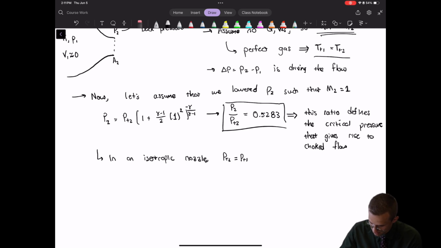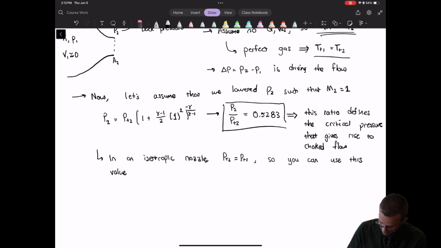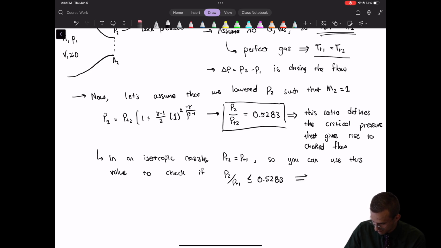So in general, you can use this value to check if P2 over PT1, which was the known value, is less than or equal to 0.5283, which would imply choked flow.